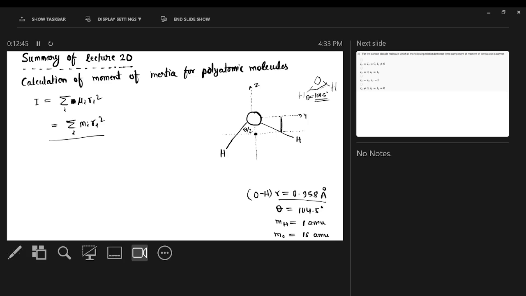See, this oxygen atom comes on the y-axis. So in this expression we need to consider only the mass of hydrogen, because the distance between the y-axis and the oxygen atom is 0.